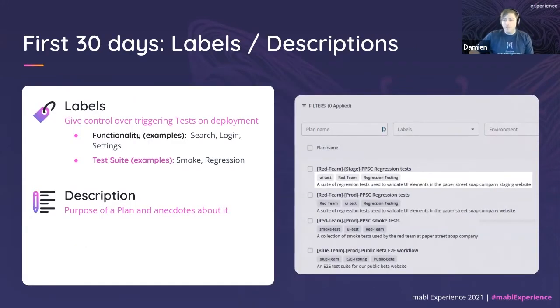Now, I promise this is the only time I'm going to reuse an image during this deck. In this case, I wanted to show off some functionality of labels and descriptions. So looking specifically at the labels in the plan, you'll notice that I labeled these as UI tests belonging to the red team, which are being used to test regressions. For someone new, or even somebody who hasn't visited this workspace in a while, they should have an immediate understanding of what this suite of tests is trying to accomplish.